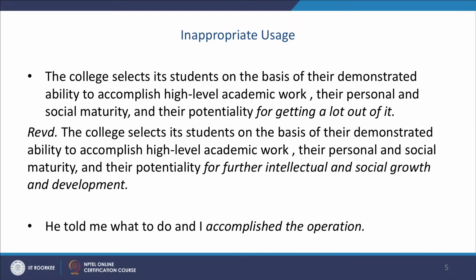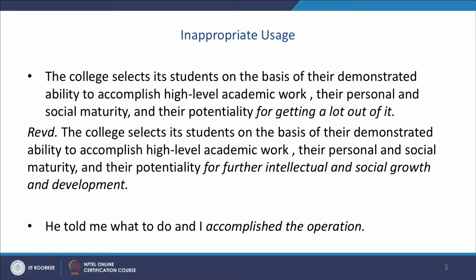Now this use of getting a lot out of it is very confusing. Getting what? So you have to be specific, and rather you have to say potentiality for further intellectual and social growth and development, then perhaps the sentence will have its complete meaning. Otherwise the sentence will not have its proper meaning.